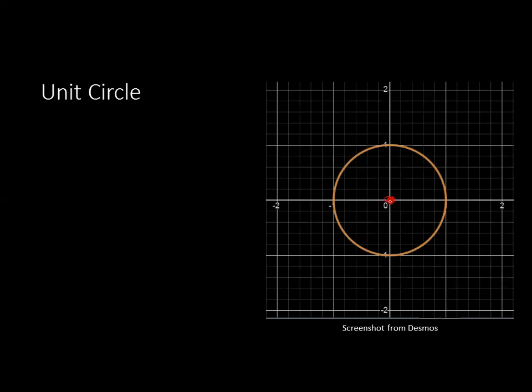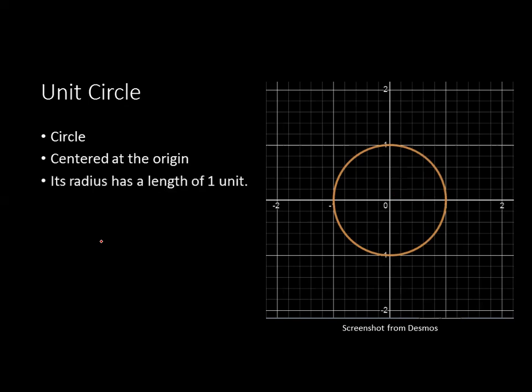Then if I draw the radius, let's just say from here to there, the measurement is 1 unit long. From there, it's also 1 unit long. From there, it's also 1 unit long. So a unit circle is basically a circle that is centered at the origin, and its radius has a length of 1 unit.